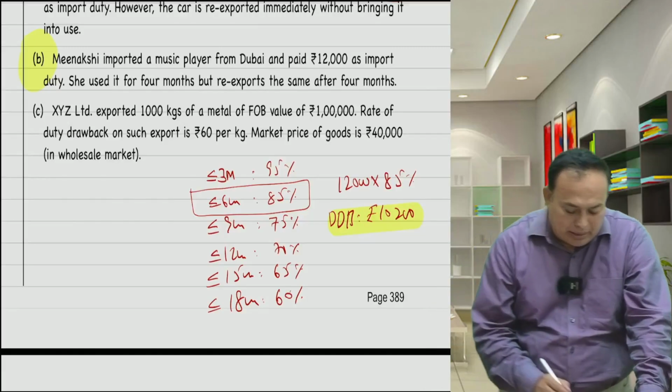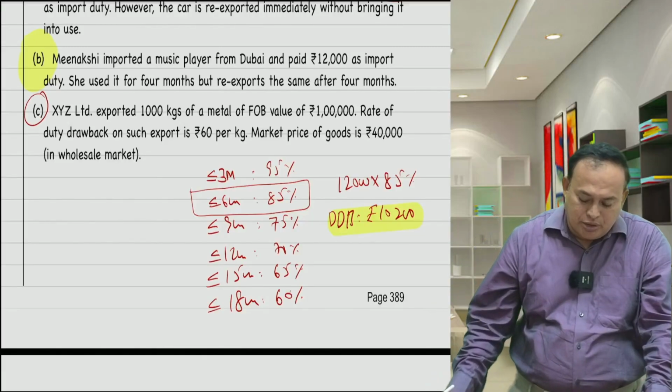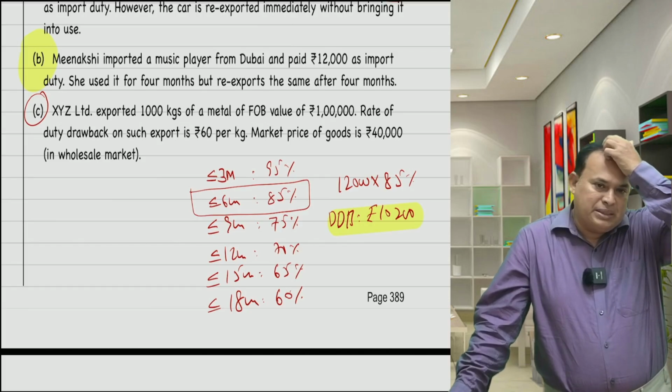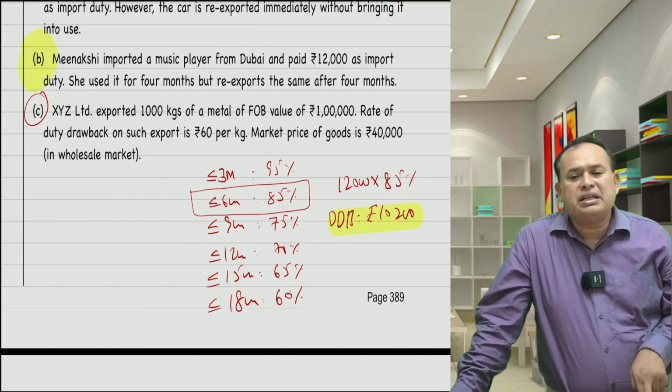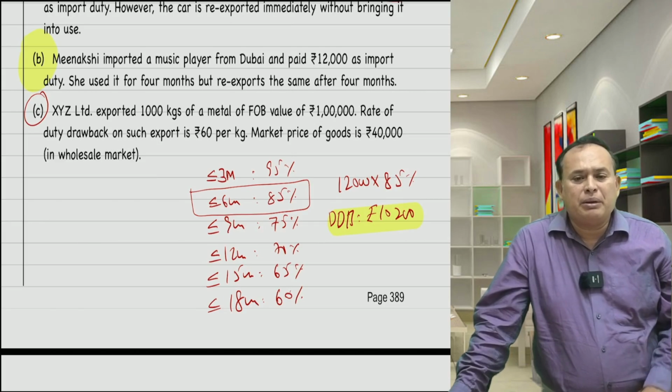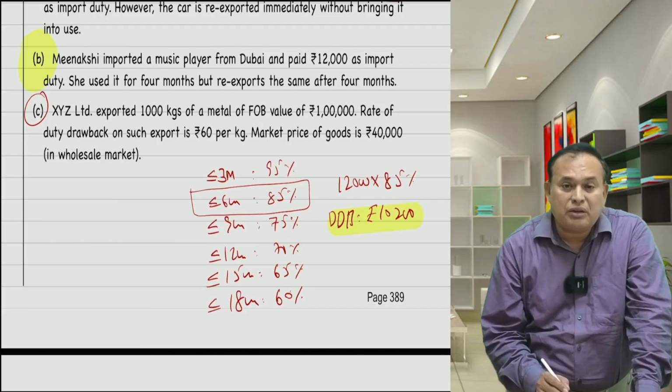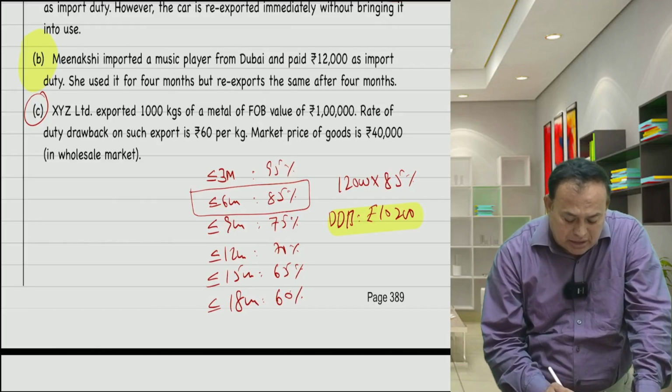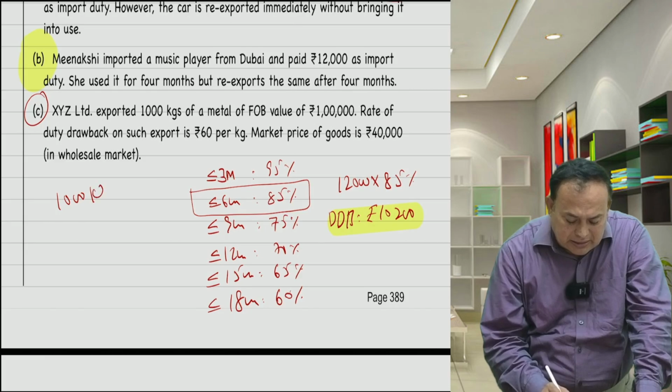Thereafter, point number C comes into the picture. What does it say? 1000 kgs of metal of FOB value 1 lakh, rate of duty drawback 60 rupees per kg. So 1000 kgs into 60 rupees.